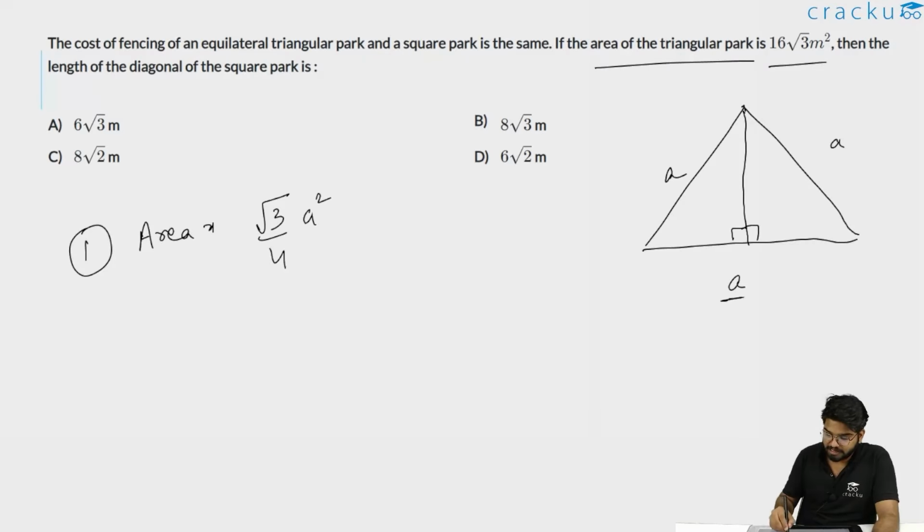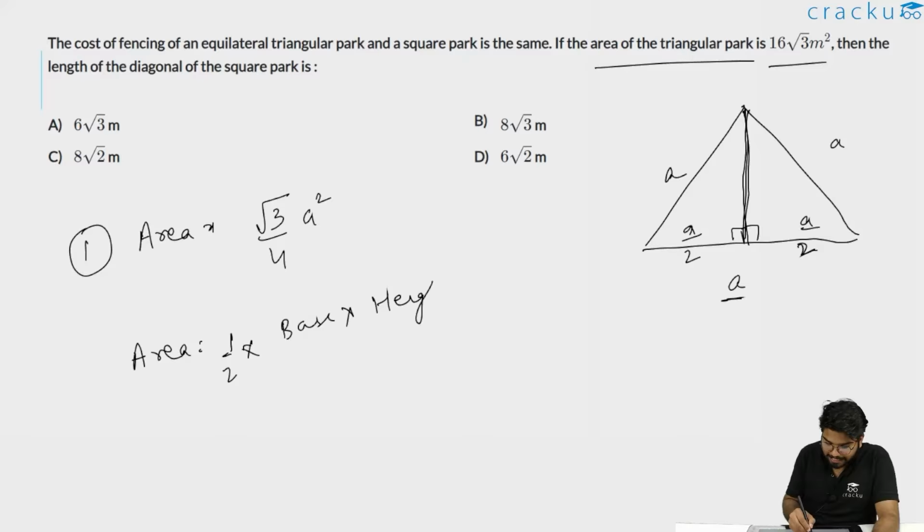So if this side is a, this will be a by 2 and this will be a by 2 only. I need to find the height, because area is equal to half into base into height.